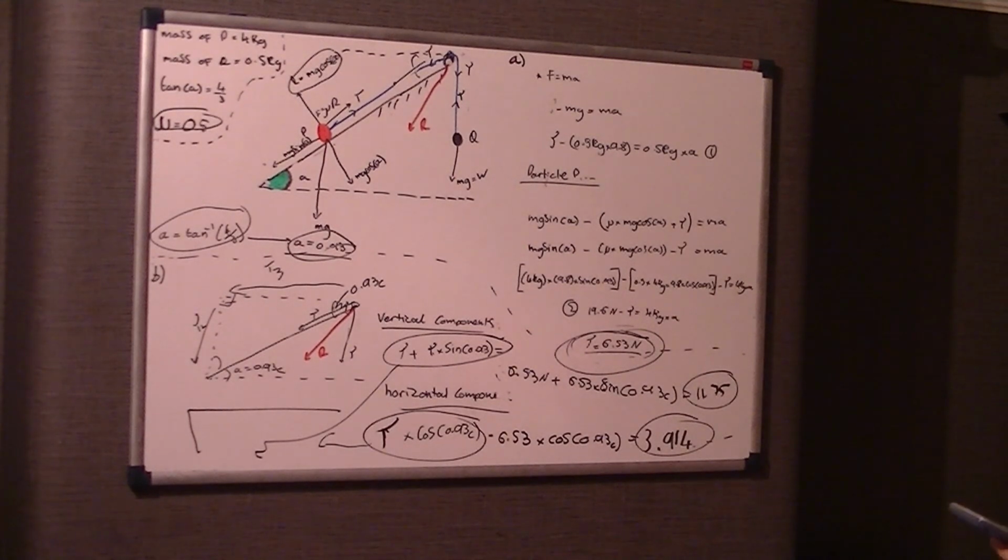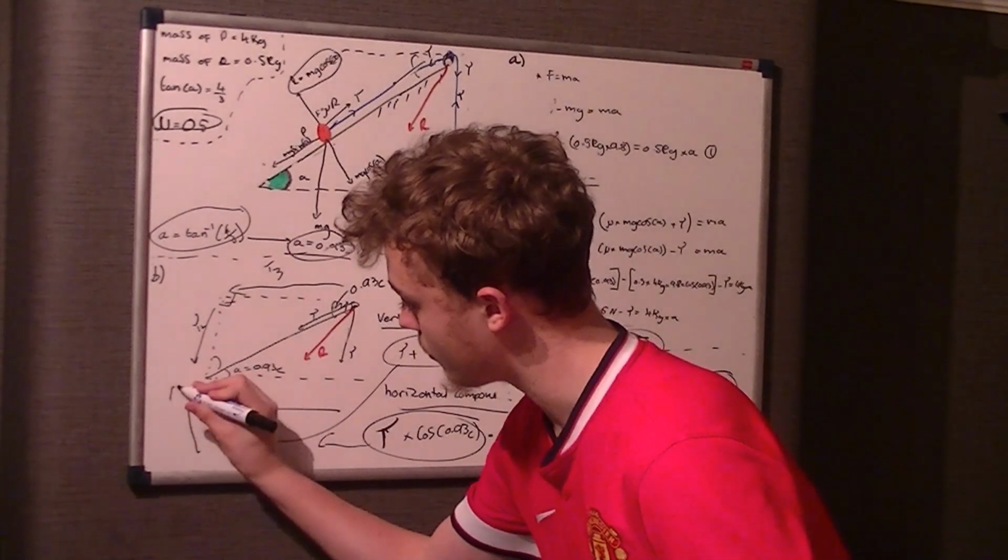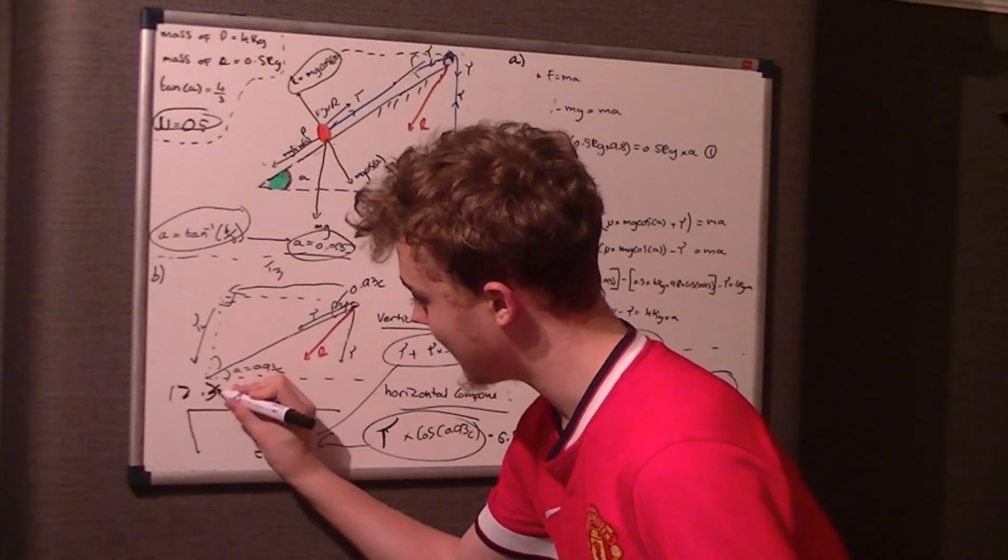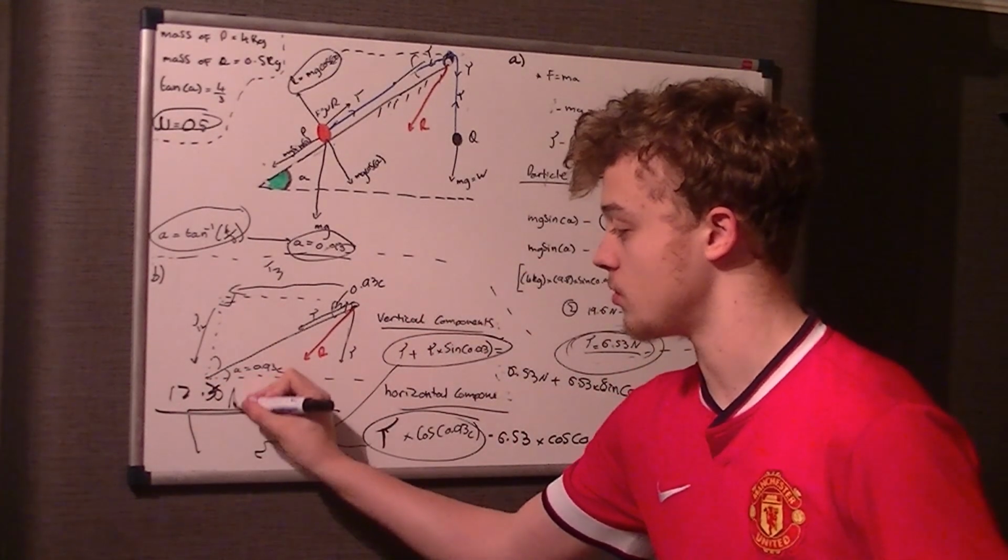So then you put that in, plus your 6.53 times your cos of 0.927, etc. You square that and you square root it and you get an answer of 12.38 newtons. So that's your resultant force.